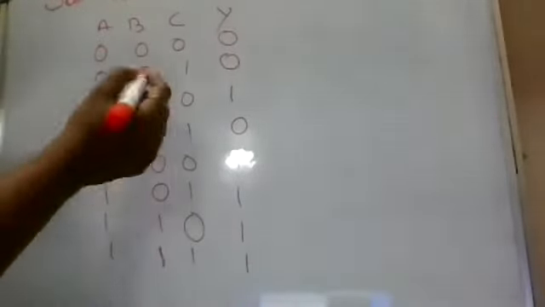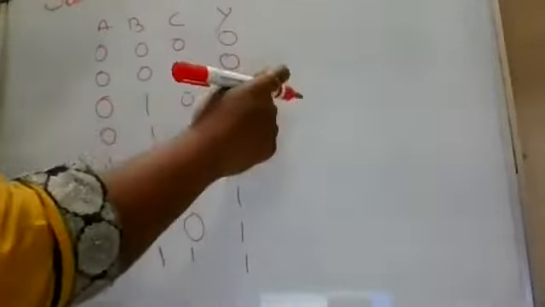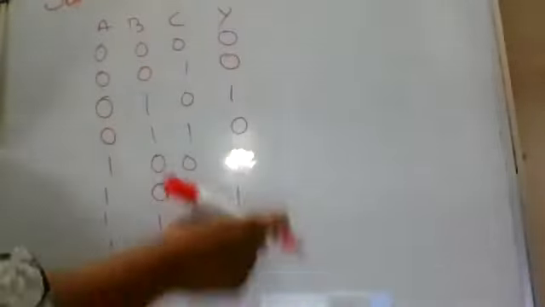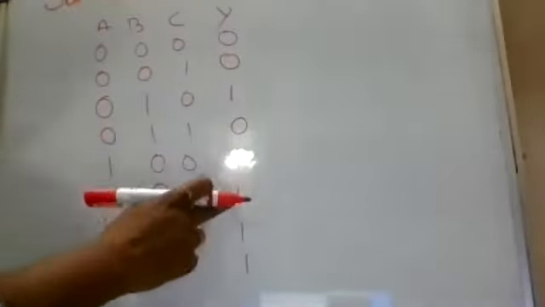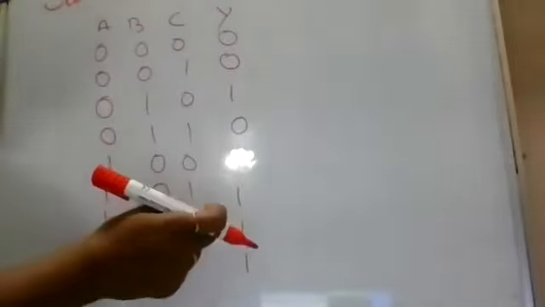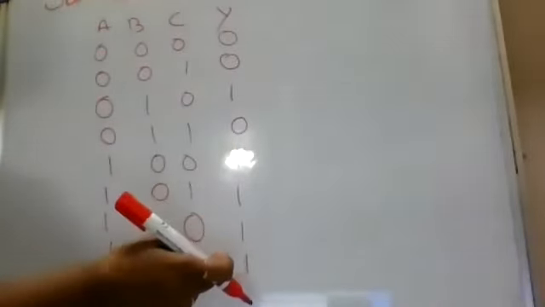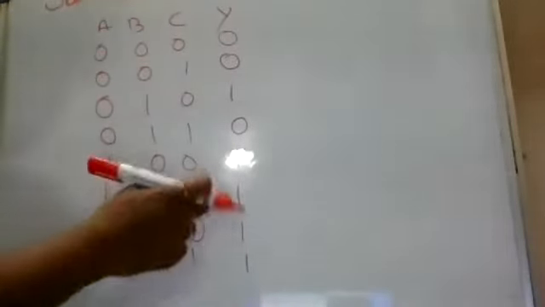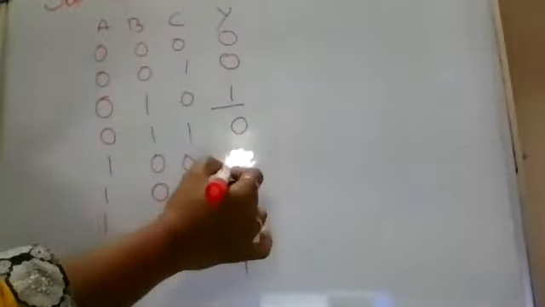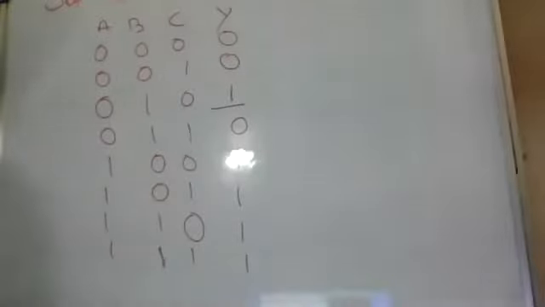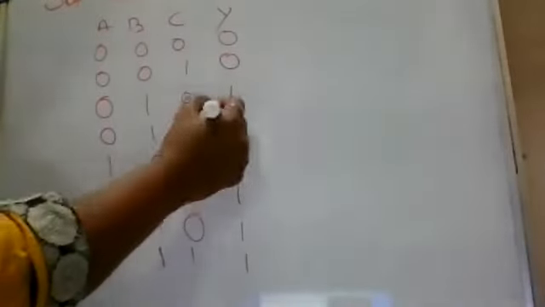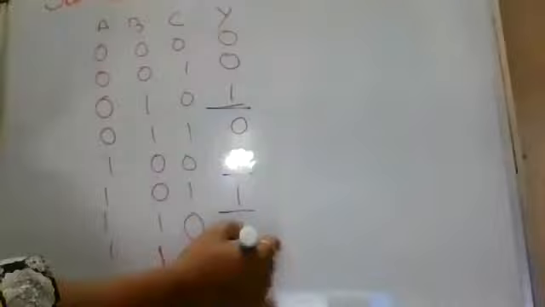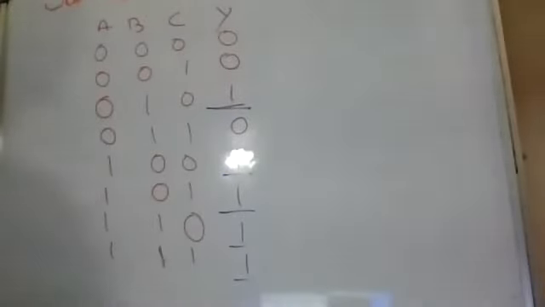Here, 5 times we get high output: 1, 2, 3, 4, 5. In 5 cases we get the output high.